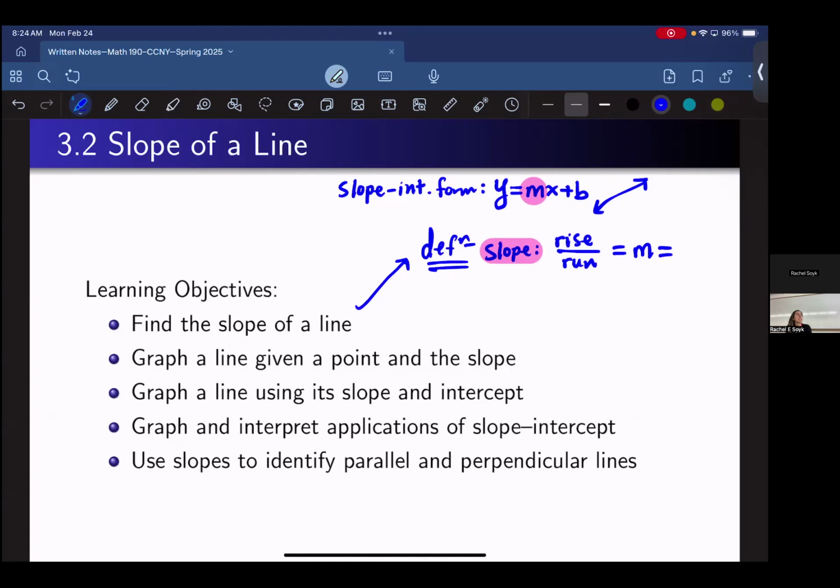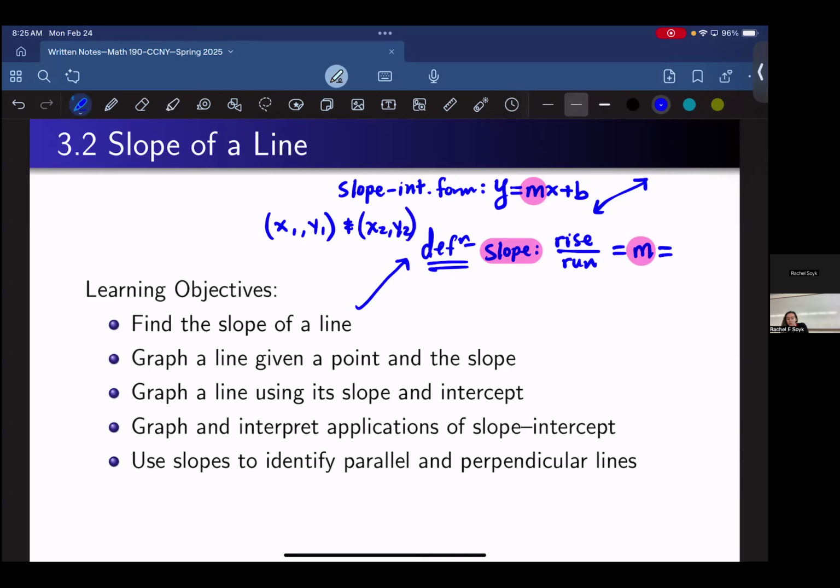And then from a technical perspective, if we were given two coordinate points, let's say we were given x1 comma y1, this is like our first coordinate point. And then let's say we were given our second coordinate point, we'll call x2, y2.